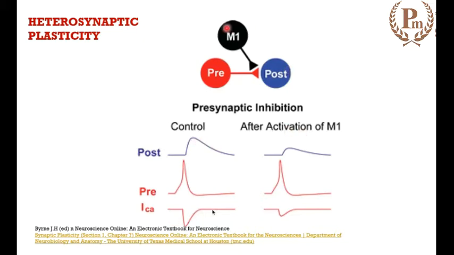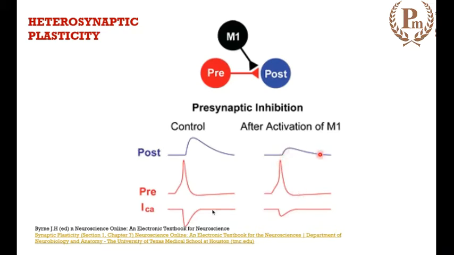Now, when we activate this modulatory neuron, take into mind that this modulatory neuron is my inhibitory neuron. So what will it do? It will inhibit my presynaptic neuron by decreasing the conductance of calcium ions. Here, look at it. I gave an impulse at the presynaptic end. What do I find?